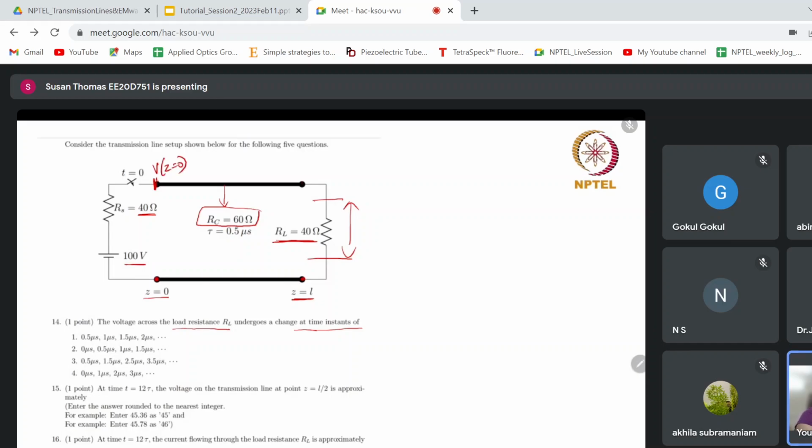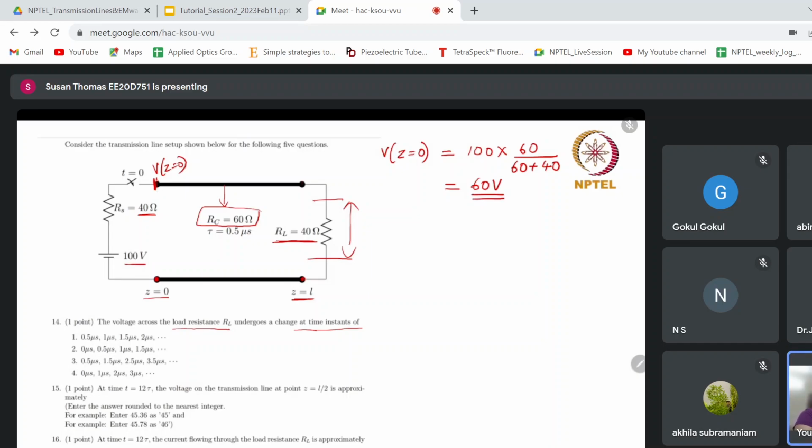So let us start with that step. So voltage at z equal to 0 will be 100 into 60 by 60 plus 40. So this is purely the voltage division rule, through which you will get an answer as 60 volt.